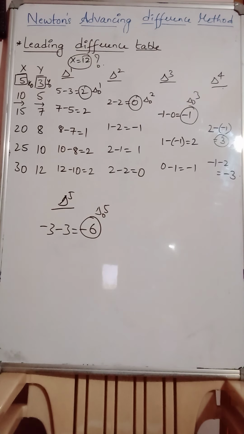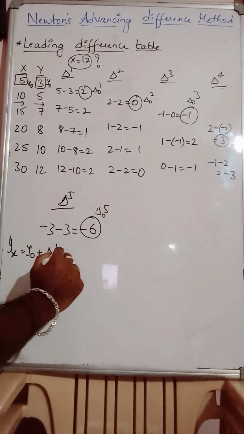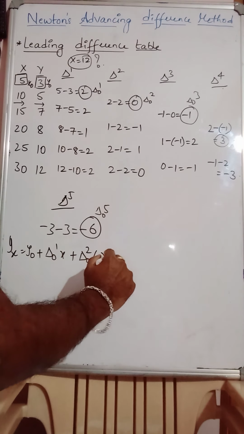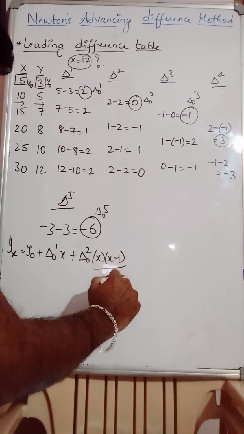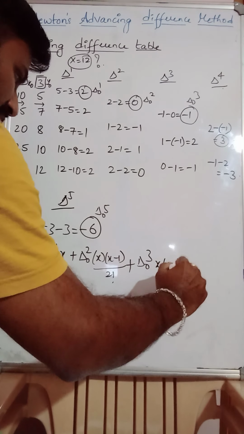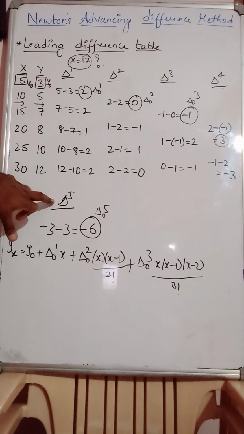Got it? Now, from the formula, that is y of x equals y naught plus delta naught 1 into x plus delta naught 2 into x minus 1 by 2 factorial plus delta naught 3 into x minus 1 x minus 2 by 3 factorial. Up to where? Up to delta naught 5.